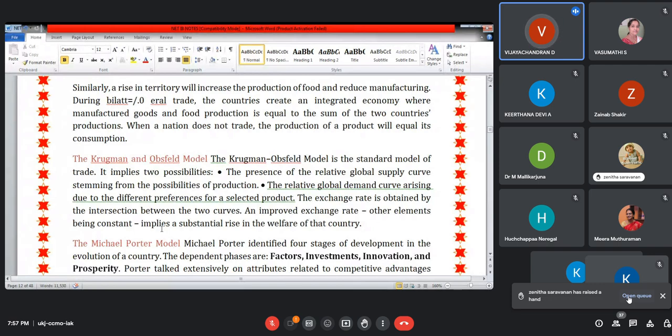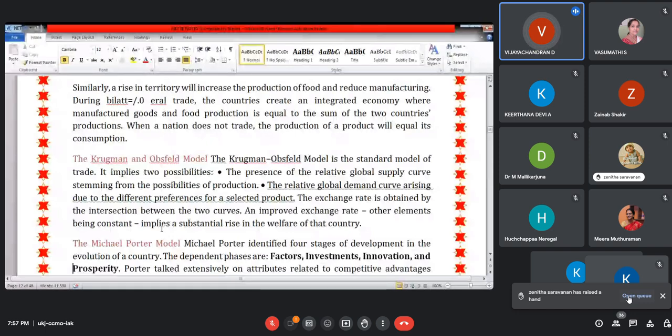The government or the country will look at the welfare. Anything which is not good for the country, they will not trade. So international trade will be based on the welfare of the country. That is important. So KH model is otherwise known as the welfare model theory.